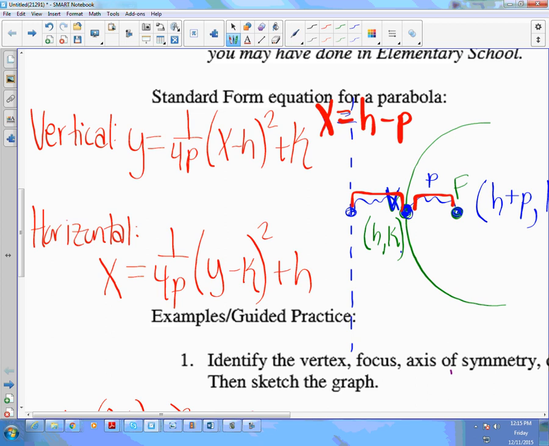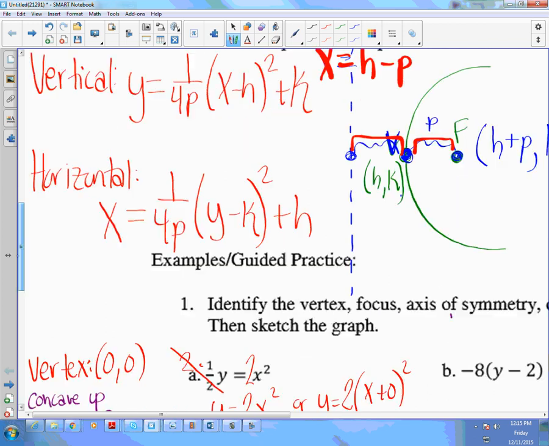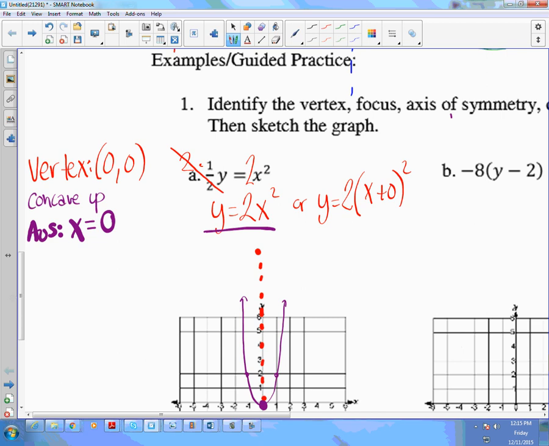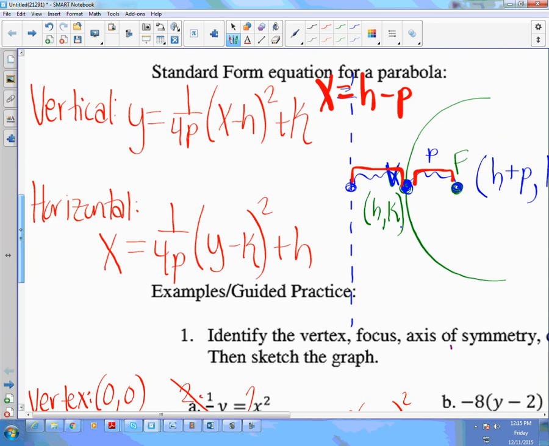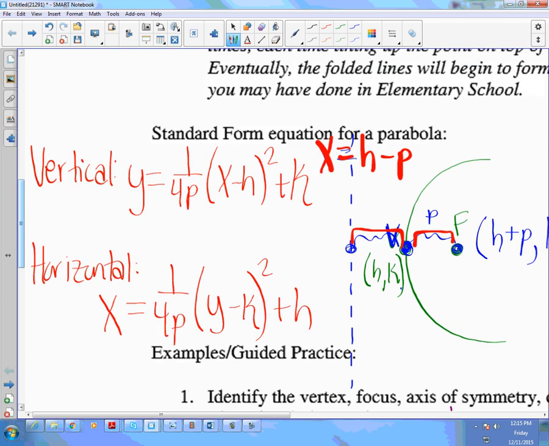In our equation we're working with, is there something multiplying in front of the x squared? 2. So all we're going to do is take that 2 and set it equal to our multiplier here, 1 over 4p, and then find the value of p.